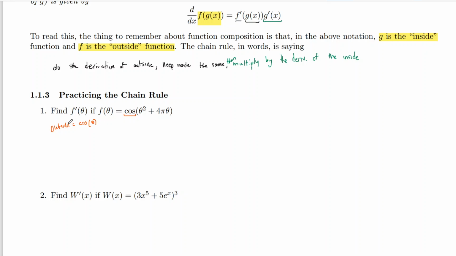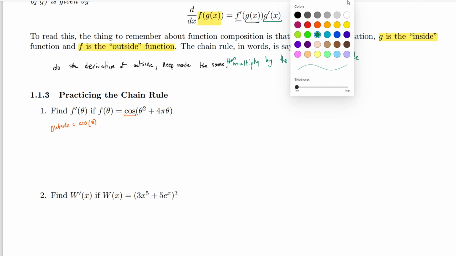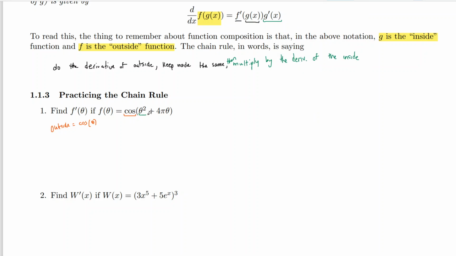But if it helps you just to write the cosine because there's not really a theta attached there, don't write it. Just do whatever's going to help you get through the problem the easiest. And then the inside is where the angle goes. But the inside, the entire parentheses, is this theta squared plus 4 pi theta.